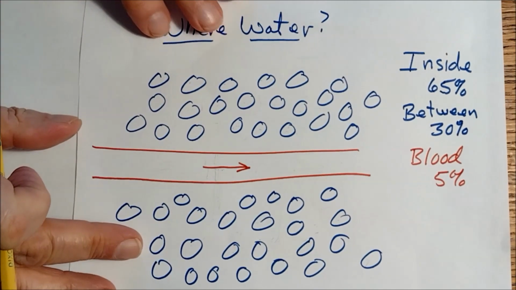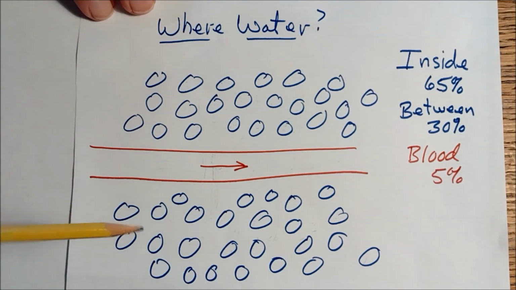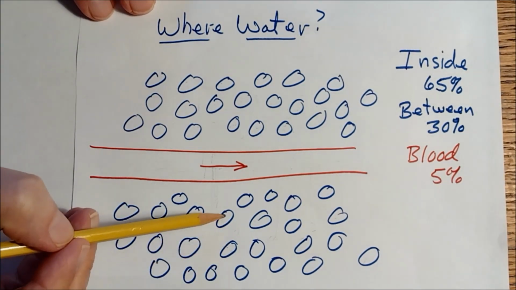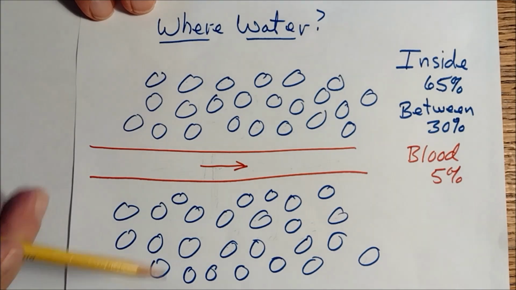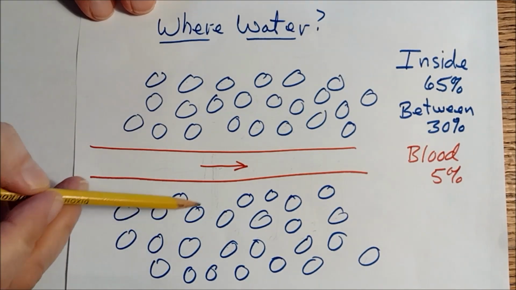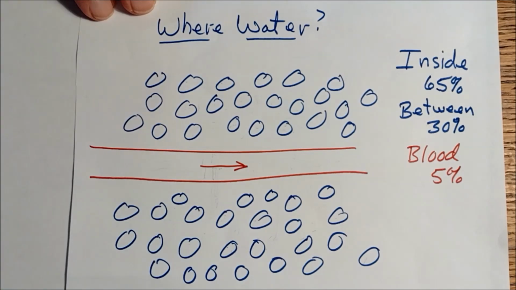I'm going to keep this picture right here just for one more time. All right, we're going to call the water that's inside the cells intracellular fluid. That's not too hard. And the water between the cells, we're going to call extracellular fluid.